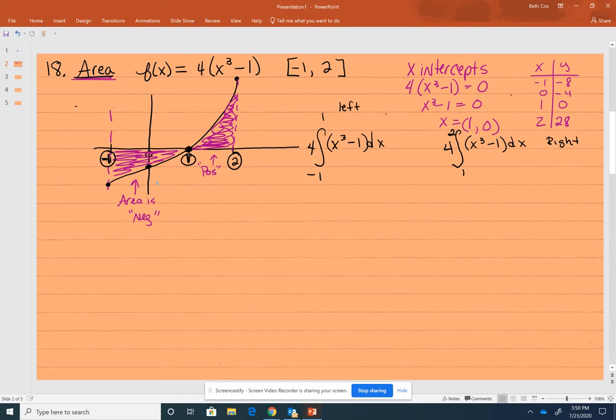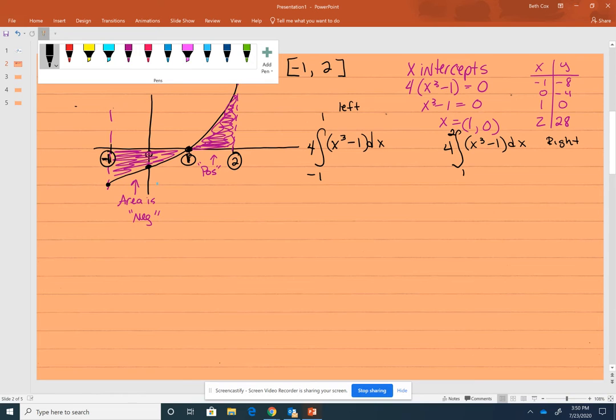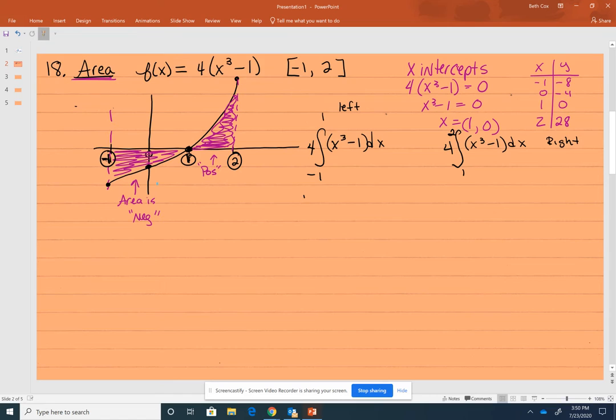Okay, all right, so let's do those real quick. This is going to be 4 times... now I'm going to add 1 and then divide by 4. So that'll be x to the 4th over 4 minus x, and then I've got to evaluate that from -1 to 1.